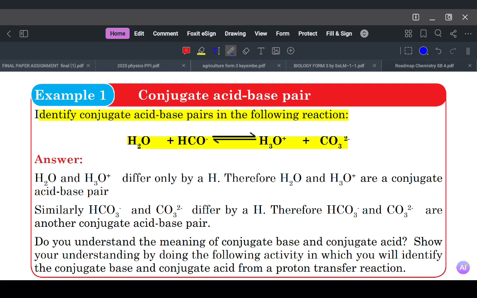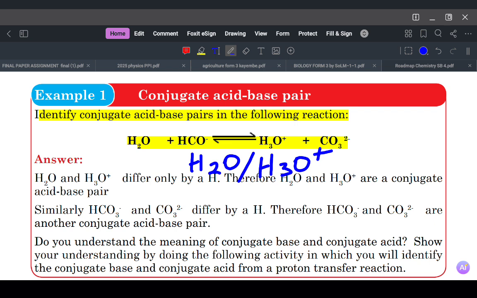For example, if you look at water, H2O, and the hydronium ion, H3O plus, these molecules are basically the same, but they only differ by a hydrogen.